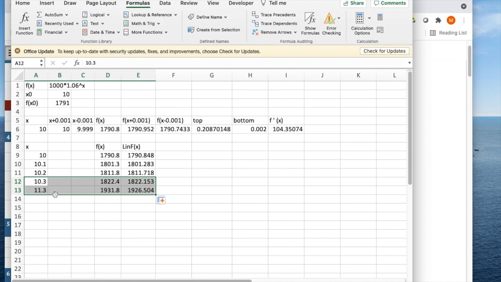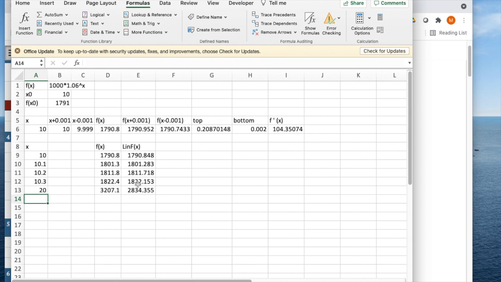The caution, however, is as I move farther away, that if I move to 20 years away, my approximation is not that good. Again, this is a curving function, and as long as we're close enough that it looks like a straight line, we can use it as an approximation.